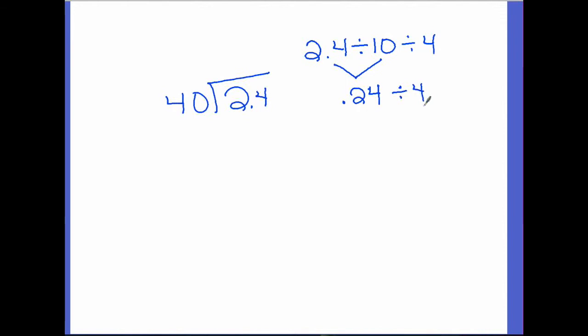Otherwise, you have had to add zeros or whatever to the problem. Now you can put it in your box if you want, or you can just say, how many times does 4 go into 24? 6 times. But what is this number? It's 24 hundredths, so my answer would be 6 hundredths.